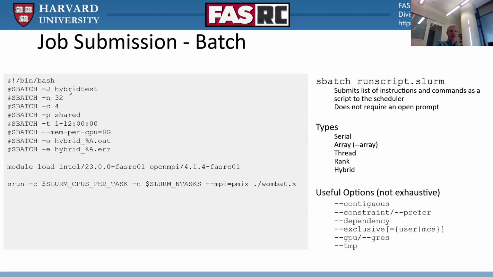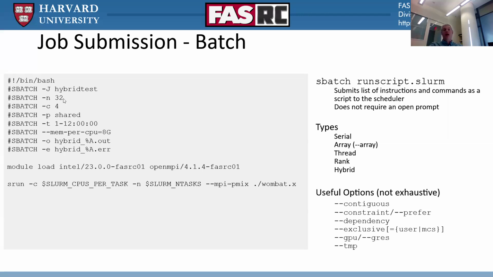Dash J is for the name of the job, which is really useful for job control. If you have a bunch of jobs all named the same thing, you can use scancel to cancel all of them simultaneously without having to worry about what the job IDs are. It's really handy.